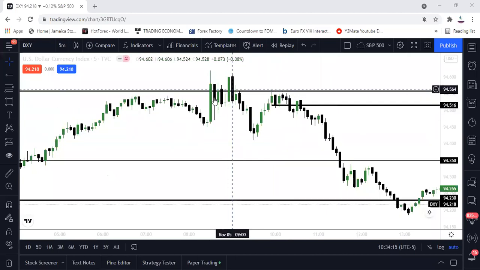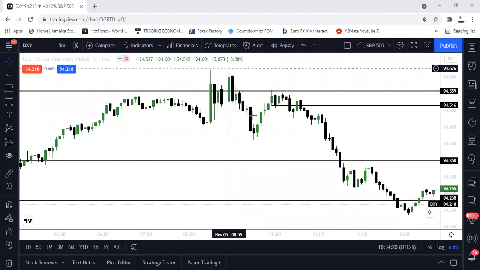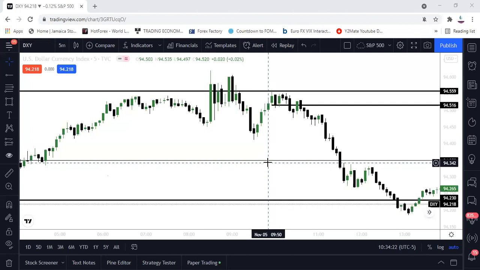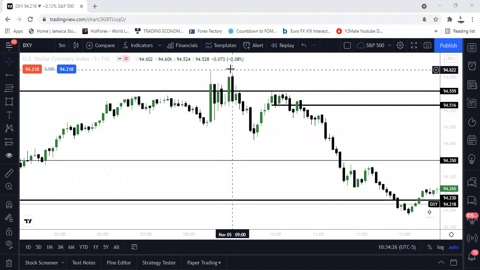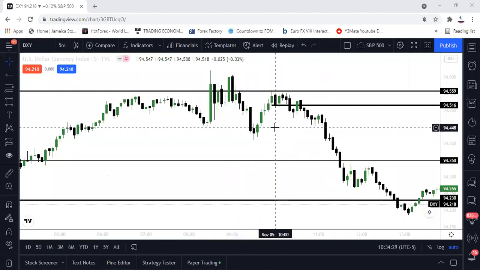Joseph. So up here, I can see that stops were taken here and then it moved away aggressively. So even if I'm wrong, based on my rules, stops were taken, structure was broken. So this is a trade I'd put money on.